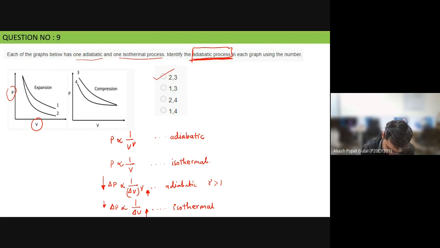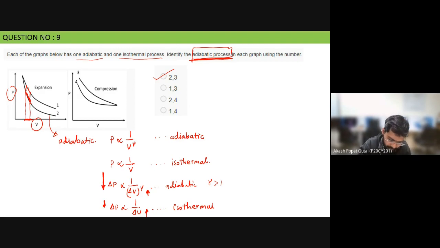Fine. So we can check the change in volume. If you see a large change in pressure happening for this graph, we can say this graph is about adiabatic. And the reverse is also true.